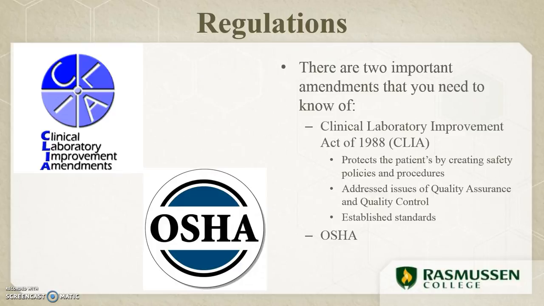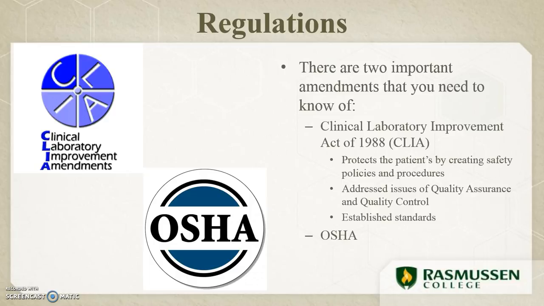Now that we have talked about labs themselves and their importance, we also need to talk about some of the regulations that are important for labs. And when I say this, I mean the actual physical building of a lab. The first important amendment that we need to discuss and understand is what we call CLIA, the Clinical Laboratory Improvement Amendment of 1988.